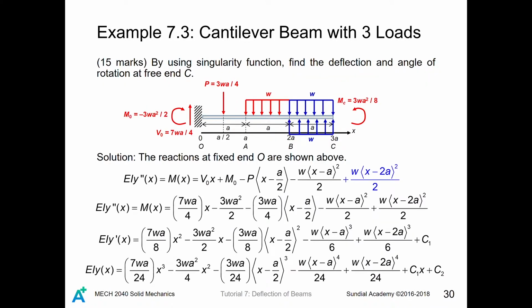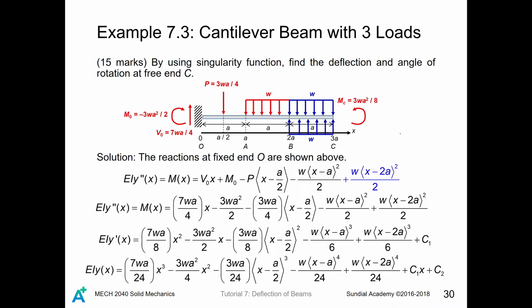To solve this cantilever beam with the singularity function, we will need to modify this free body diagram a little bit, as shown in blue. The reason we modify it is that a singularity function has a beginning but no ending.